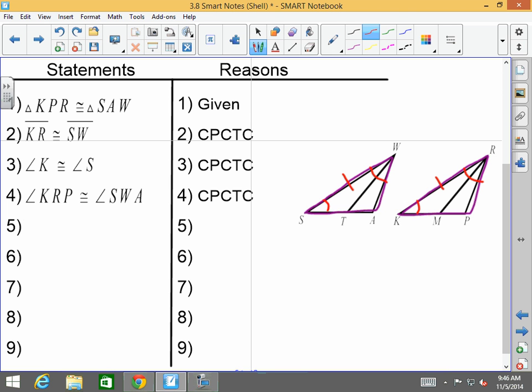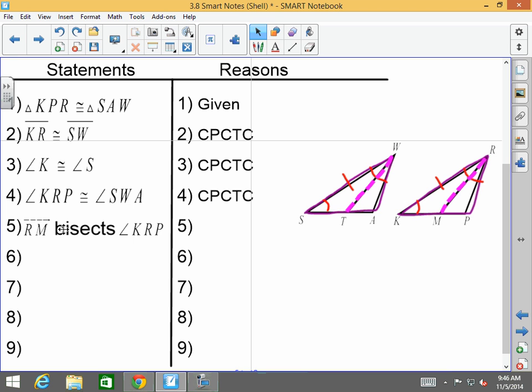Remember what we're trying to prove here though, guys. We're trying to prove that this here is congruent to this.